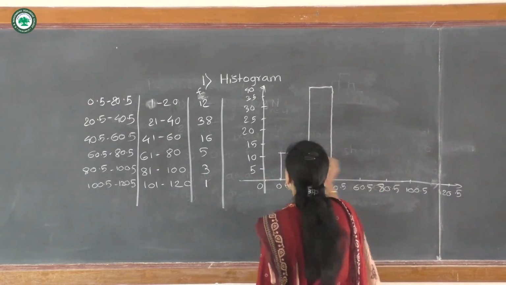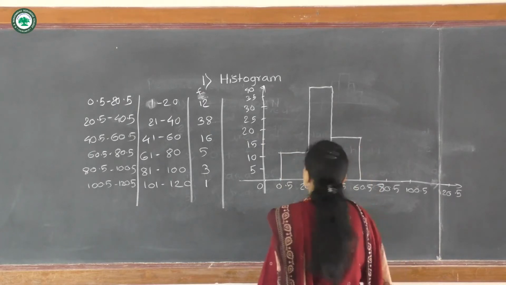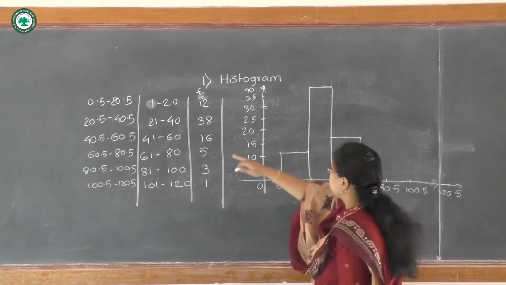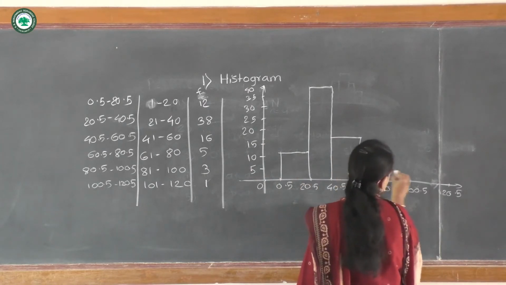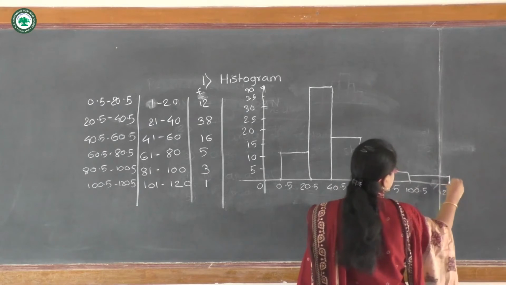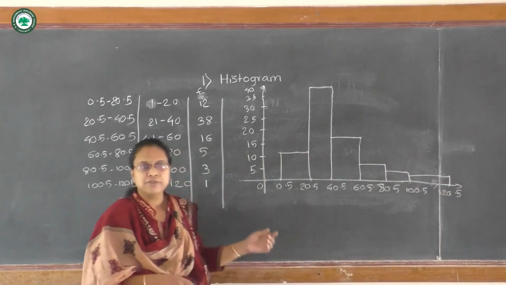Then 16 is the next, and then 5, 3 and 1. So this is the histogram for the given data.